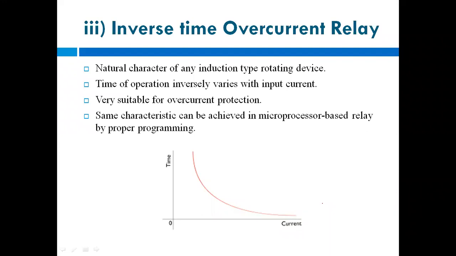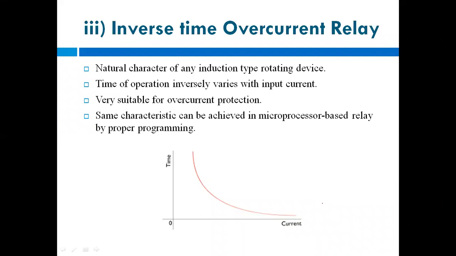If your current is less, then the time required for operating the relay is more. If your current is more, then the time required for operating the relay is less. Then it is very suitable for overcurrent protection. If any fault occurs and there is a very high current, your relay will operate in minimum time.